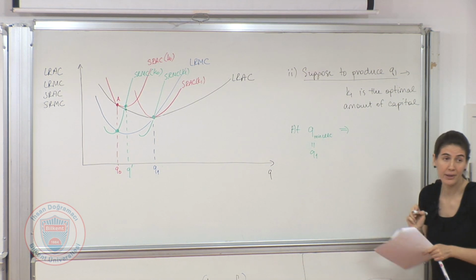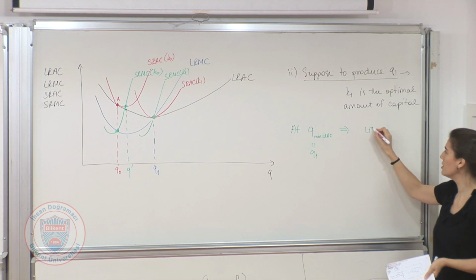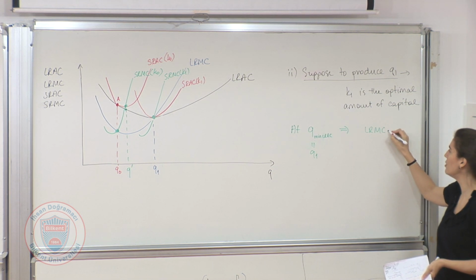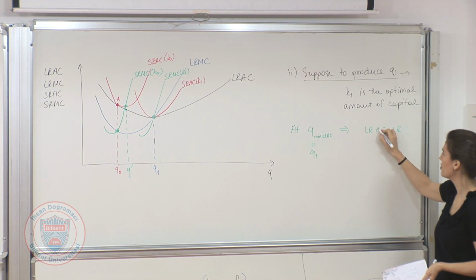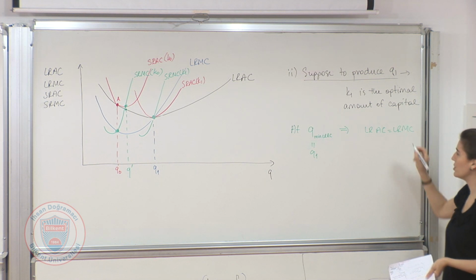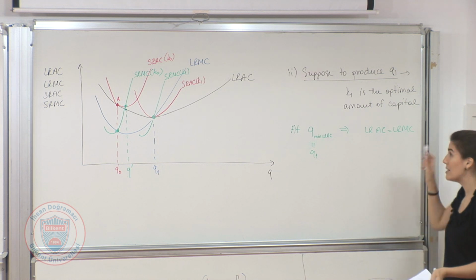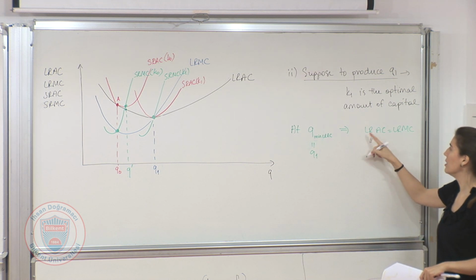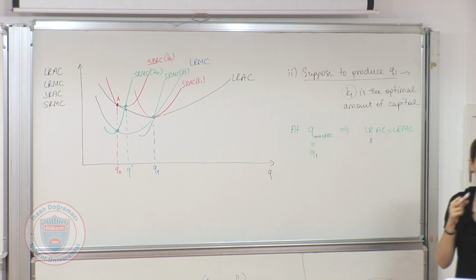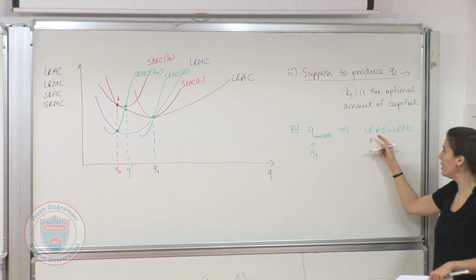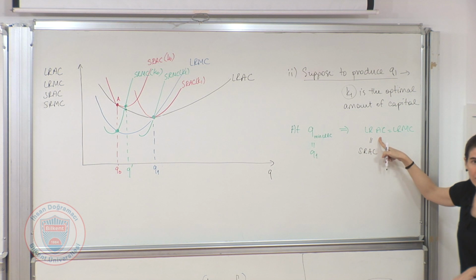So what's happening? You said that, hocam, because it's the minimum of the long run average cost, it is equal to long run marginal cost, right? This we know. Average cost is equal to long run marginal cost. And then we also said that, hocam, this is a particular point where, because Q1 and K1 is exactly the optimal amount to produce Q1, we know that short run average cost is also equal to the long run average cost, right?